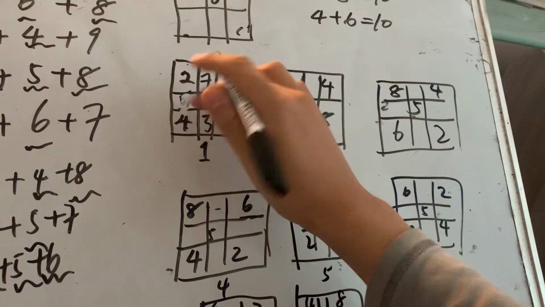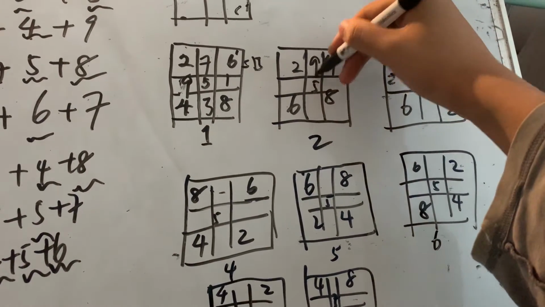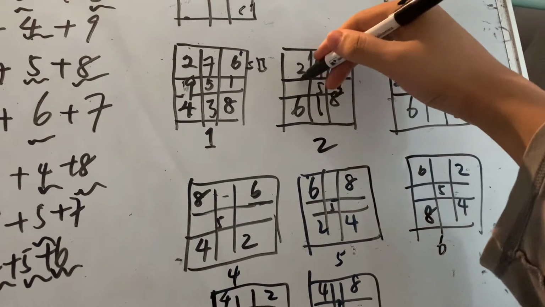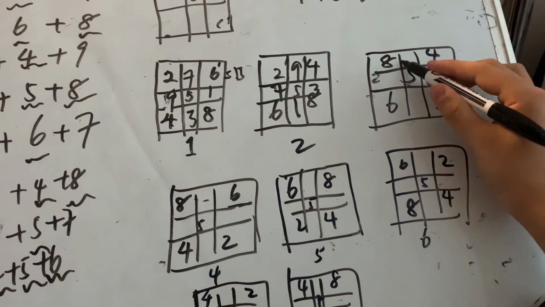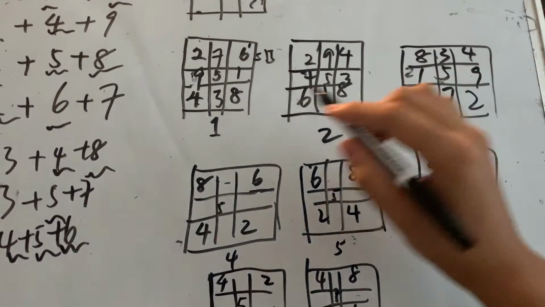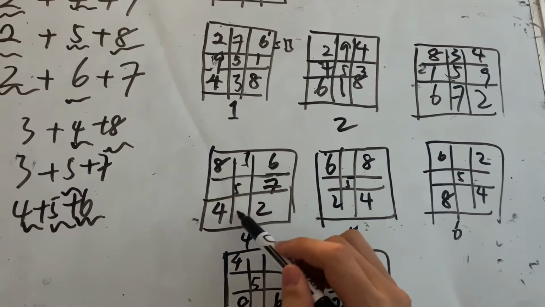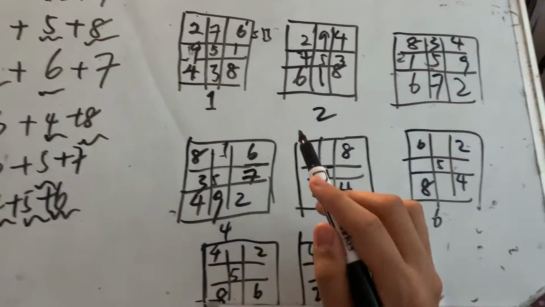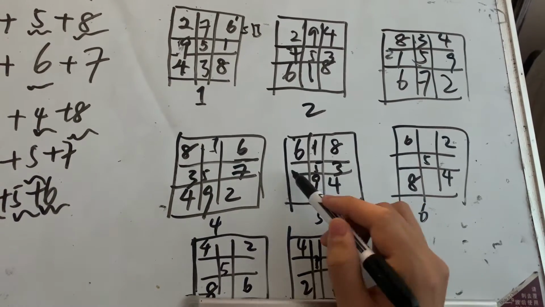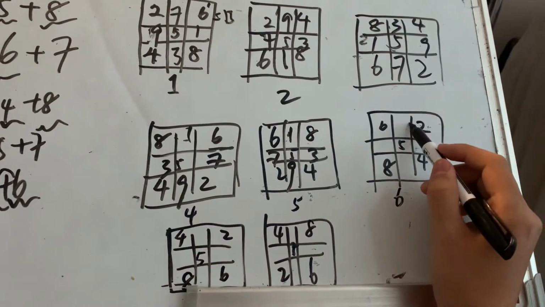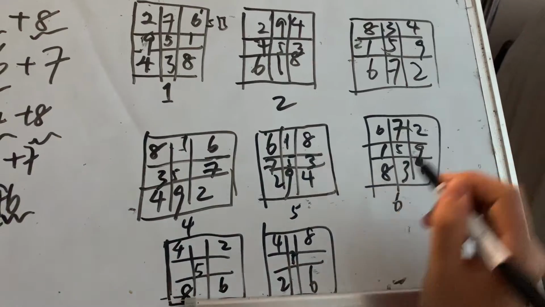Sorry, 9. This is the first case. 9, 3, 1, 7. 1, 7, 9, 3. 1, 3, 7, 9.